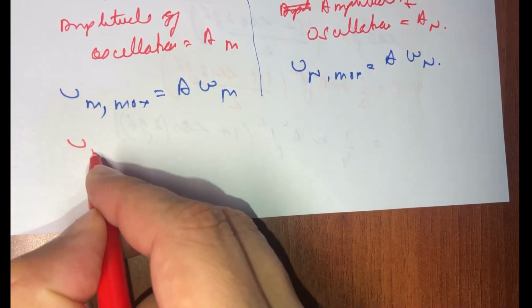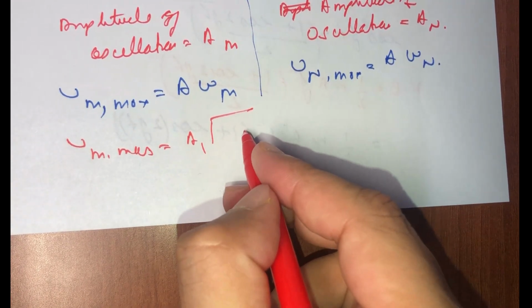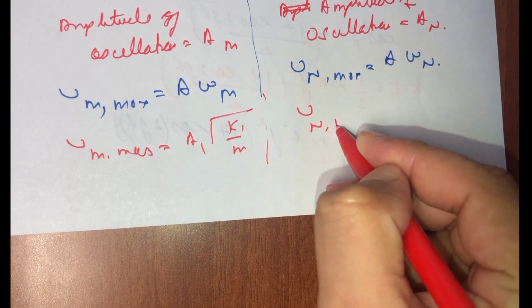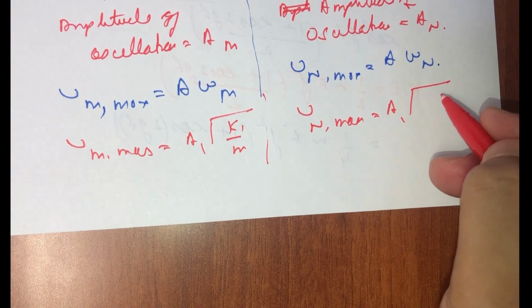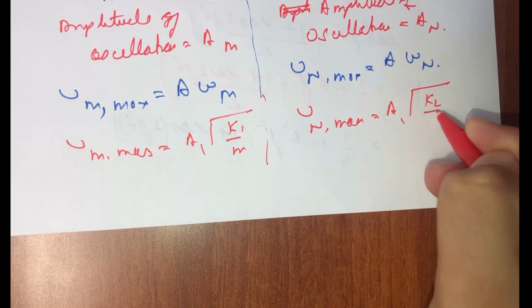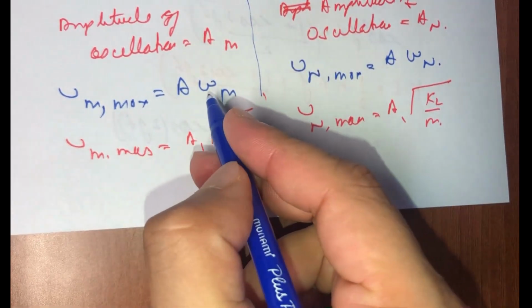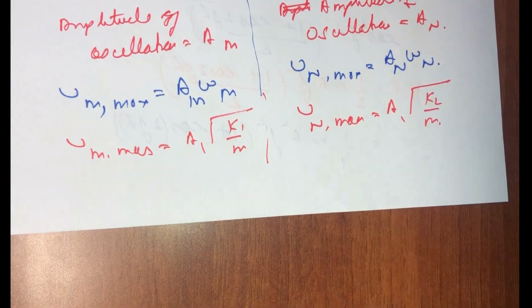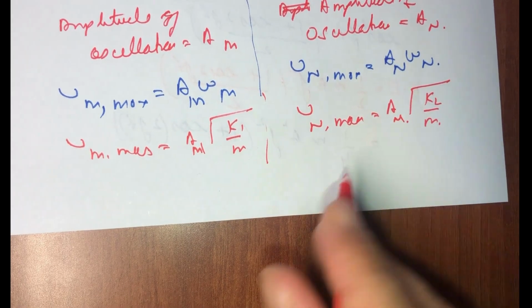So we get Vm max will be equal to AM square root of K1 divided by M, and we get Vn max will be equal to AN square root of K2 divided by M.